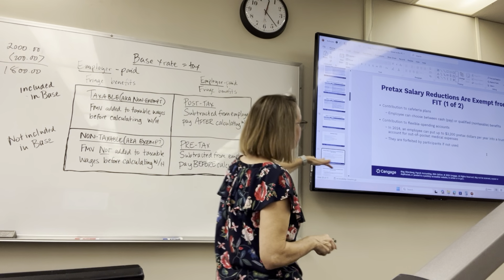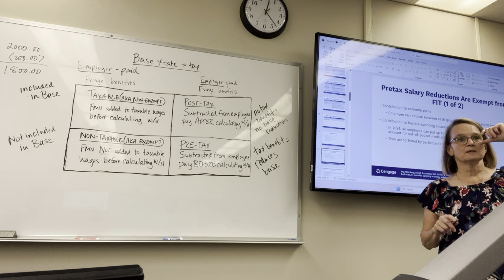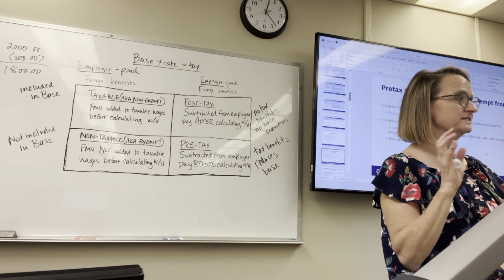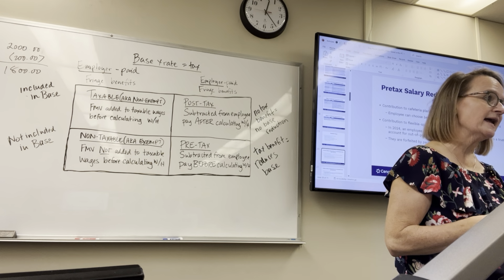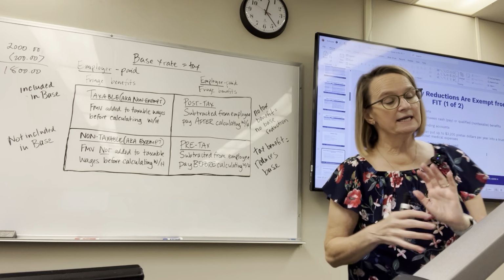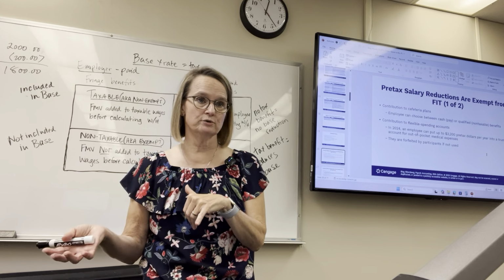Contribution to flex spending accounts. So these flex spending accounts are another type of medical savings account, but different from a health savings account, in that with the health savings account you can contribute more every year.